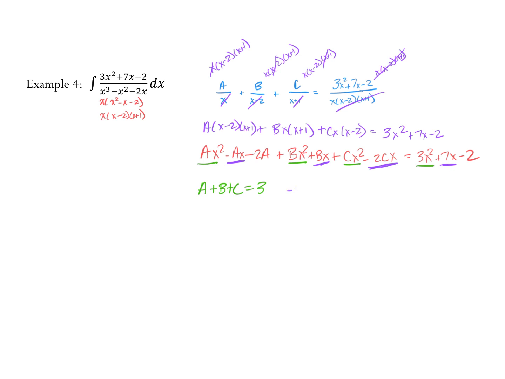So I've got negative a plus b minus 2c equals 7. And then I have my last term here, that negative 2a equals negative 2.